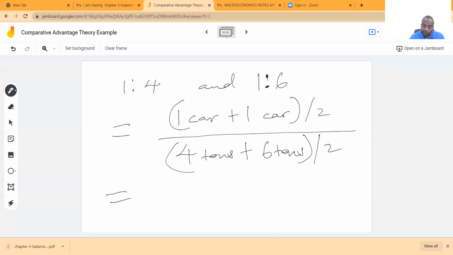This gives us 1 car is to... 1 plus 1 is 2, divided by 2 is just 1. 4 plus 6 is 10, divided by 2 is 5 tons of maize, which is the ratio that we found by trial and error in between 1:4 and 1:6.